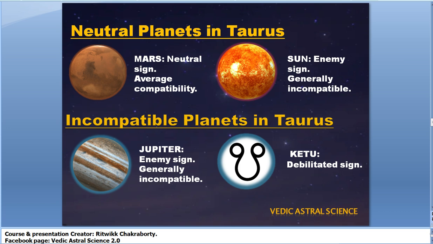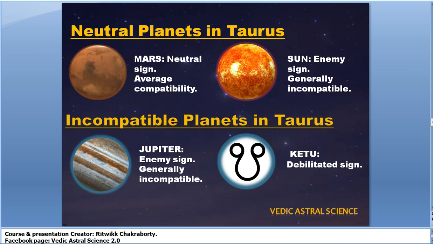Here I am using the word generally very carefully, because no planet is totally compatible or incompatible in any zodiac sign. For every single placement, we have good consequences and bad consequences. An exalted planet can create trouble in someone's married life, or on the other hand, a debilitated planet may open the door for your career rise, depending upon the overall status of that planet.